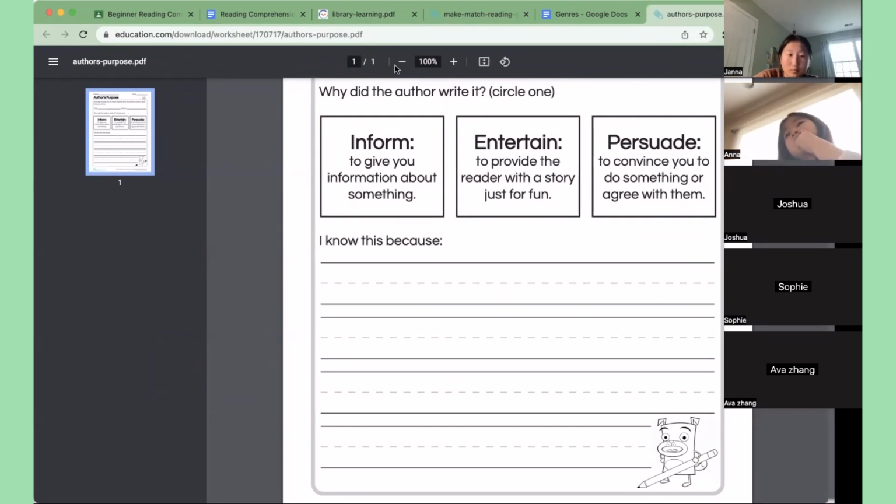So this gives you some hints. So is it to give you information about something, to just provide a fun story, or convince you something or persuade you? So what do you guys think?